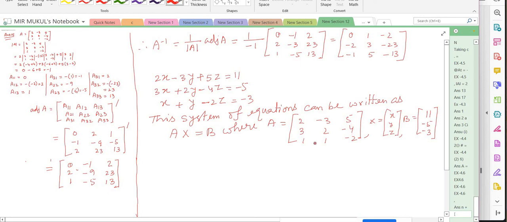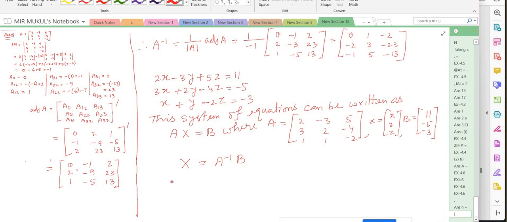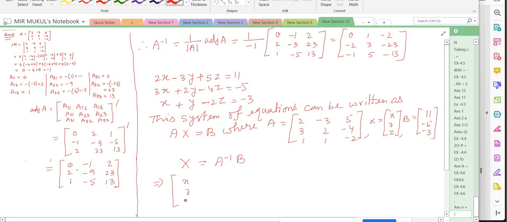So already A inverse we found. So here we can write x equals A inverse into B, and already we got A inverse, so we can write x y z.